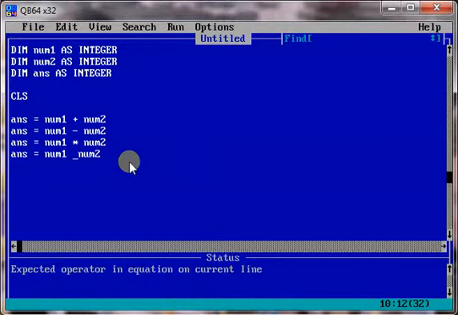What do you want to put? Let's put division.